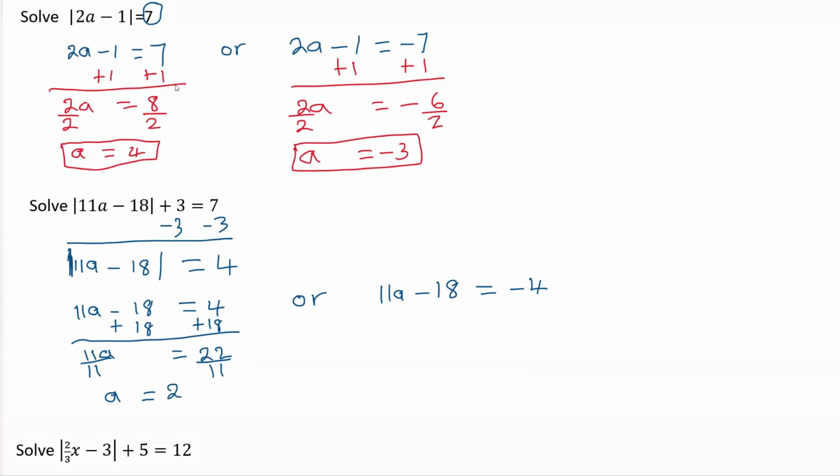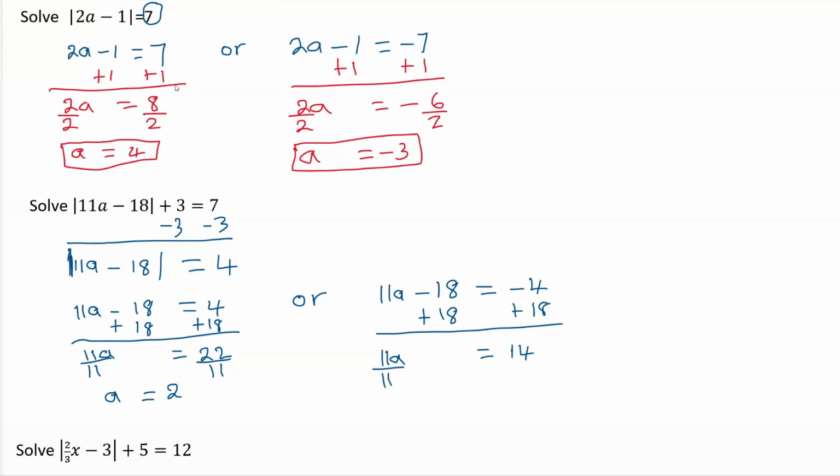For the other equation, do the same thing, add 18. So 11a is equal to negative 4 plus 18. If the signs are different, you subtract and keep the sign of the larger number. So we subtract 4 from 18, which gives us 14, and since the 18 is larger, it's going to be positive 14.